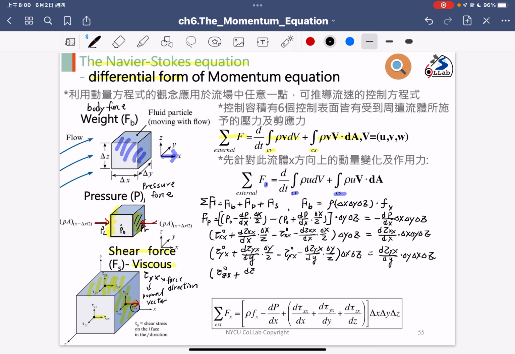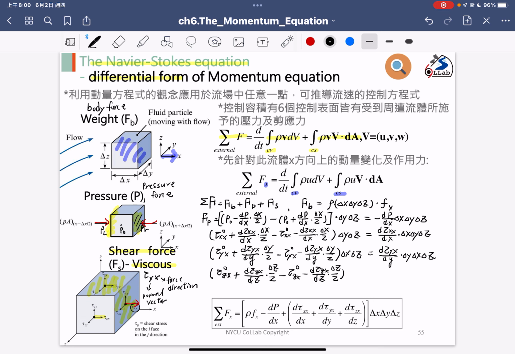So for tau z x, the change is along the z direction, times 2 over delta z, and minus tau z x0 minus d tau z x dz, multiplied by 2 over delta z.